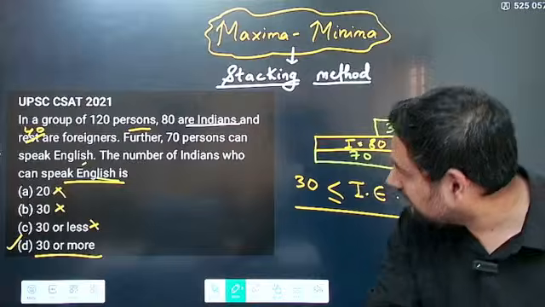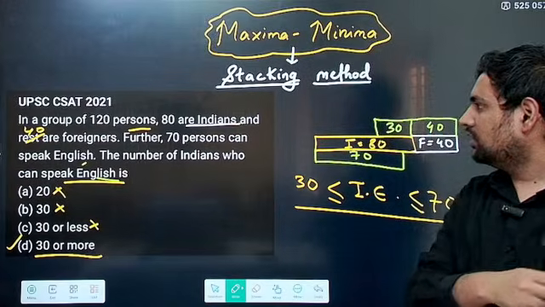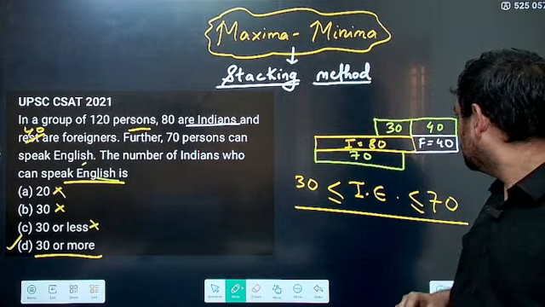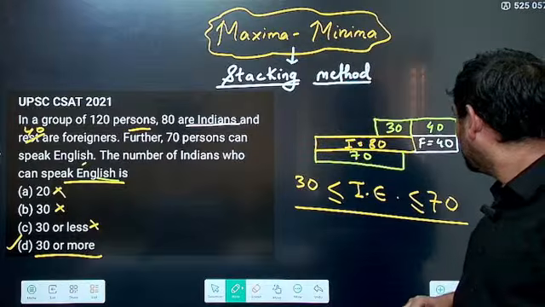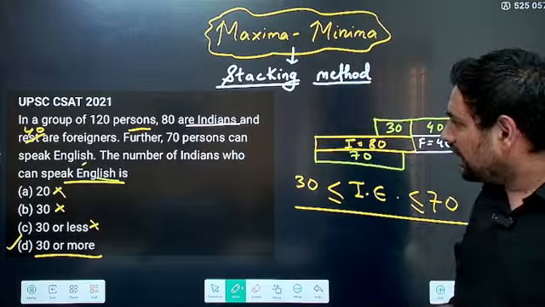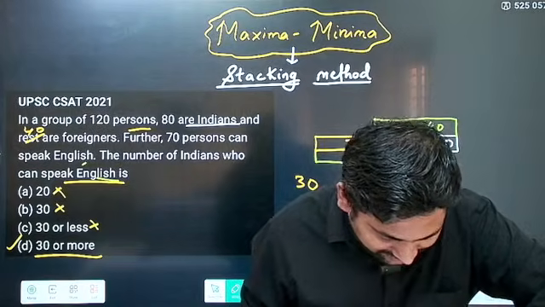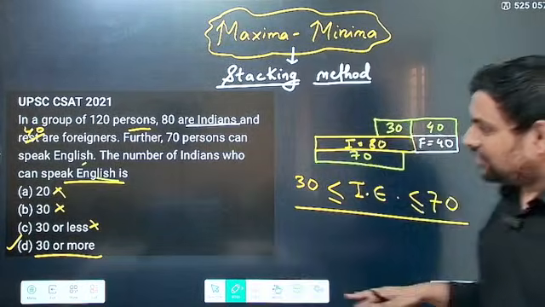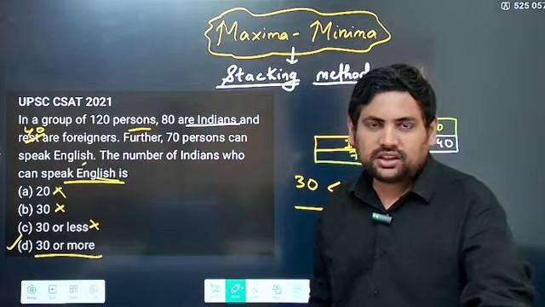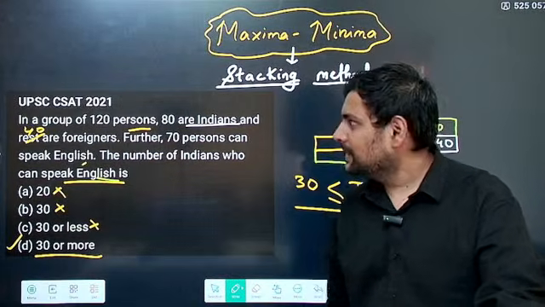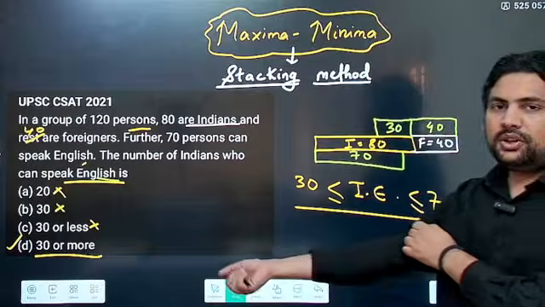So the answer is D, that is 30 or more. Understood? This is the way that we do stacking.